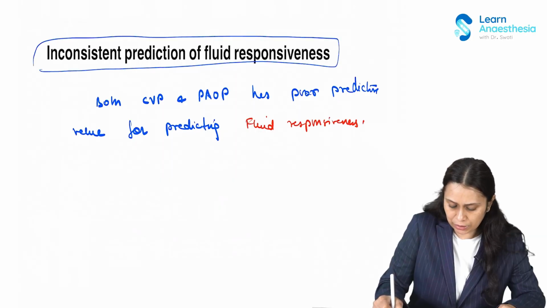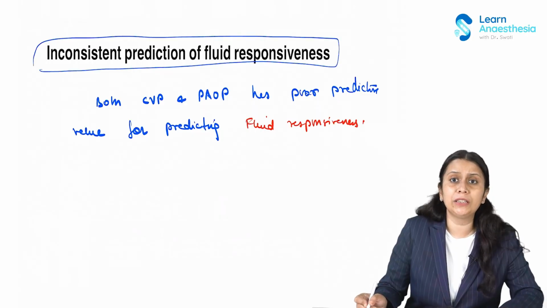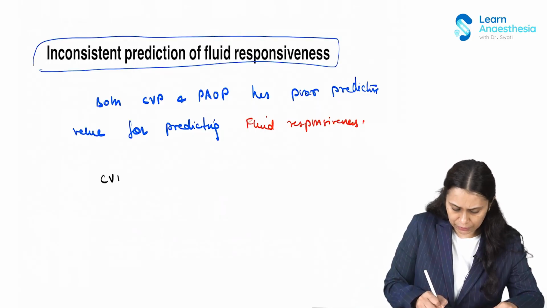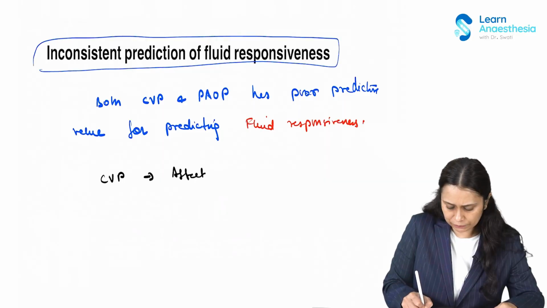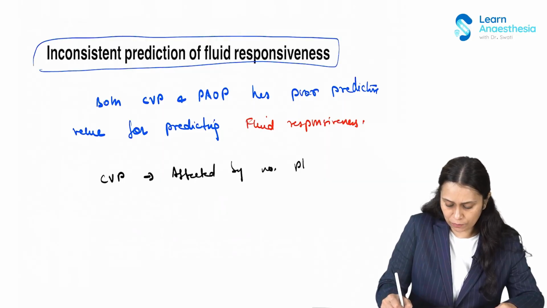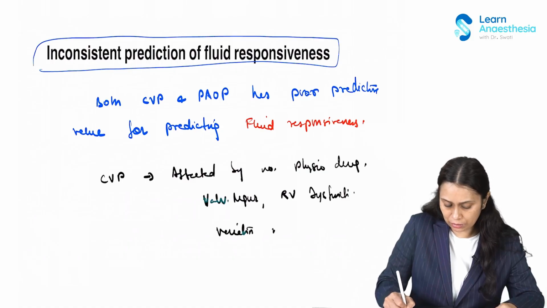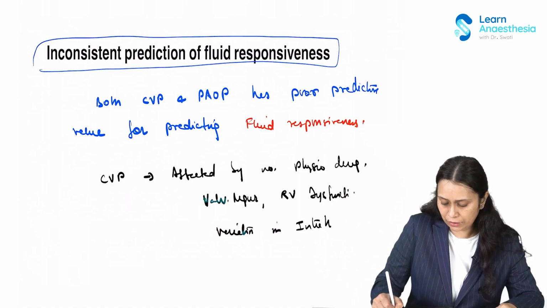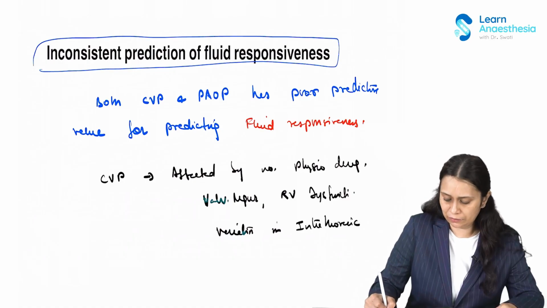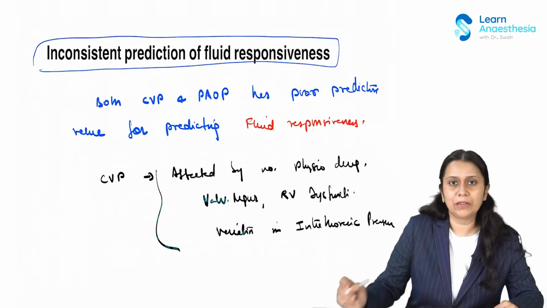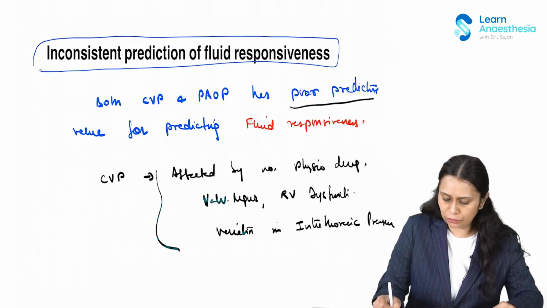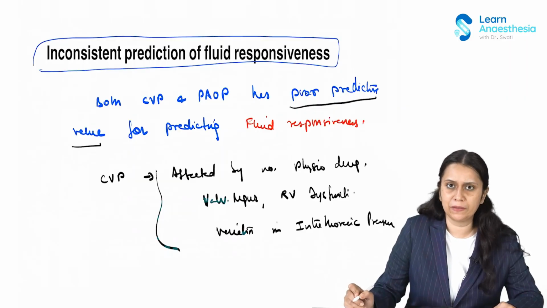And CVP especially is getting affected by a lot of physiological derangements in the body, like valvular regurgitation, RV dysfunction, then variation in intrathoracic pressure, which will definitely happen for a patient on mechanical ventilation. So all this was affecting the CVP value, again pointing towards its poor predictive value in predicting fluid responsiveness.